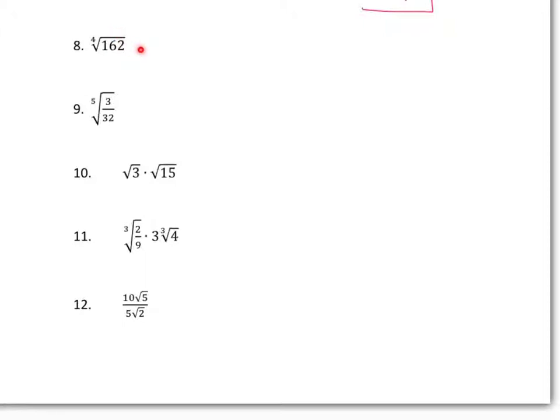Yeah, it does. So this is the fourth root of 81, which is 3 to the fourth, times 2, right? 81 times 2 is 162. So 3 to the fourth is going to come out, and we're going to have 3 times the fourth root of 2. That'll take some practice for you to get used to, but you can handle it for sure.